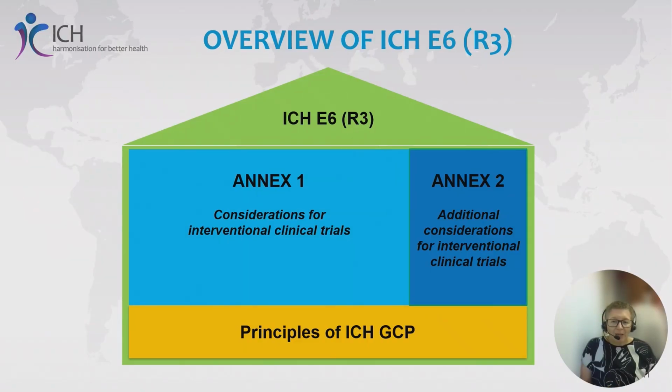However, with the advent of this new digital technology, which was another point that was made in terms of why we needed to have a modernisation of GCP, and that whole GCP modernisation in terms of E8 as well, because we have decentralised clinical trial elements, we have pragmatic elements, and so we thought we would have an Annex 2 giving some additional considerations for those different types of trial design and different data sources, all underpinned by those principles.